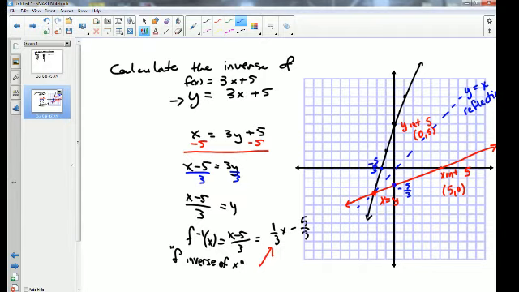Are we good with that? We've seen a table, a function, and a graph. That's basically the 3 ways that I'll ask you to know how to calculate an inverse. I'll either give you a table or a function or a graph and ask what the inverse of f is. You just match accordingly.